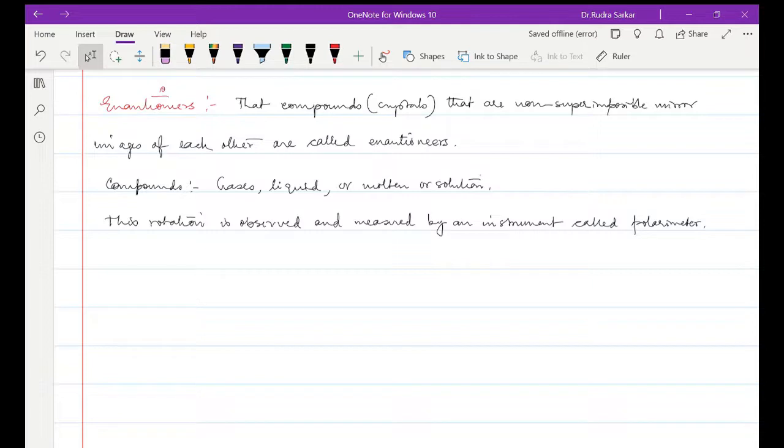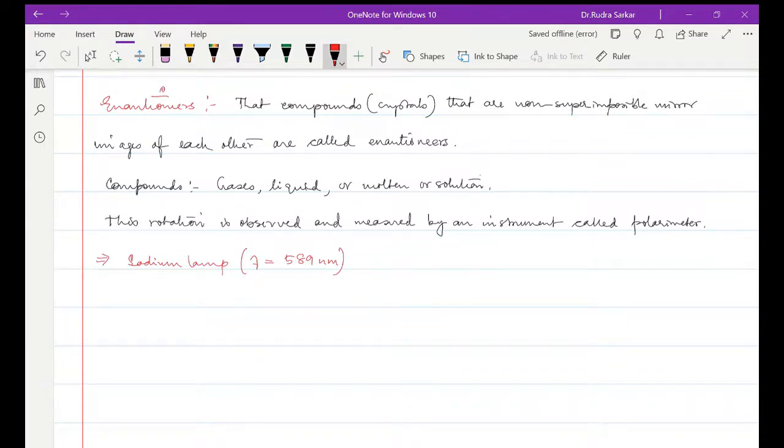So in this particular polarimeter, the important point to remember is that a sodium lamp is used, which has a wavelength of around 589 nanometer. This has to be kept in mind.